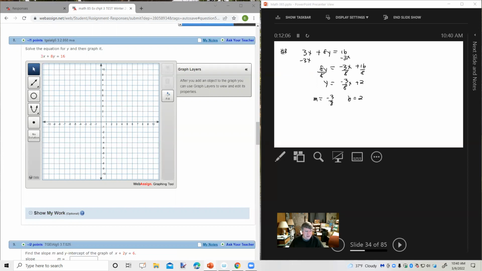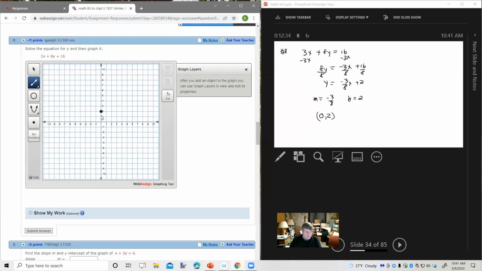All right. So how can I graph that with that information? Well, again, I'm graphing a straight line, so I'm going to turn that blue. The y-intercept is 2, so that's the point (0, 2). So I'm going to plot the point (0, 2). Now, the slope is -3/8.